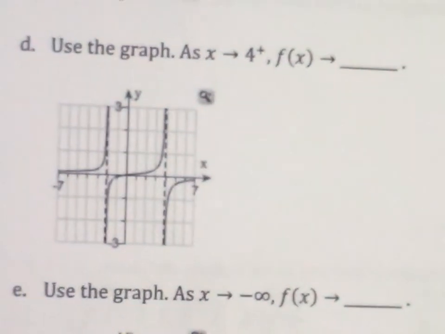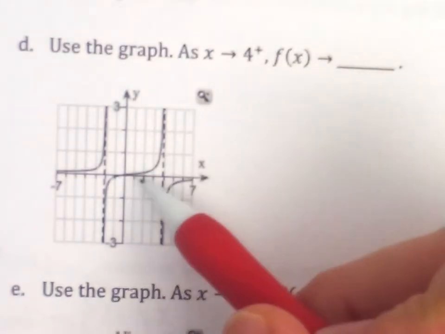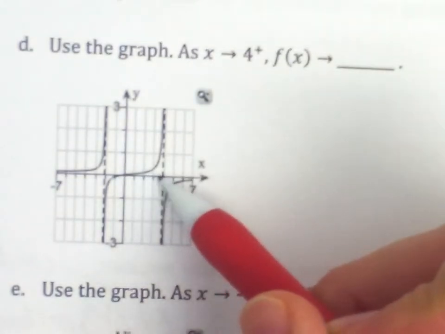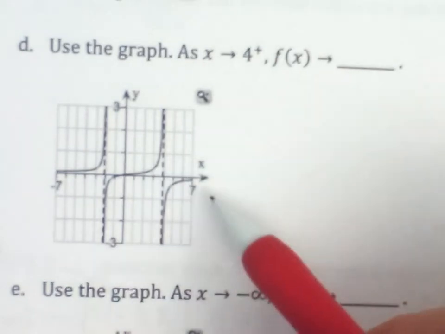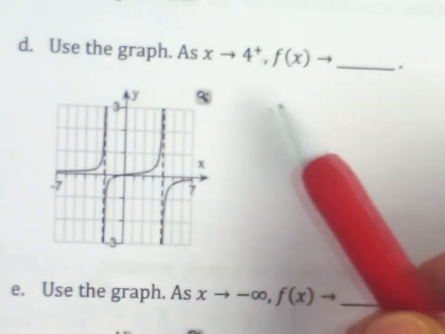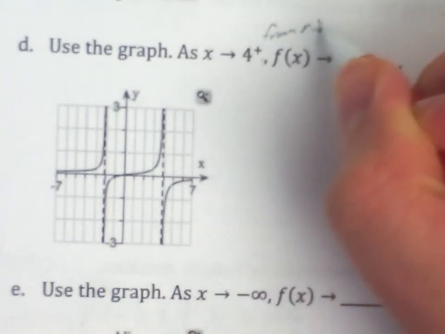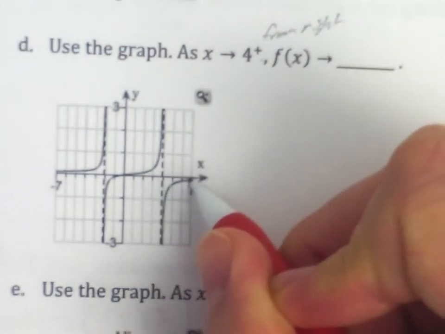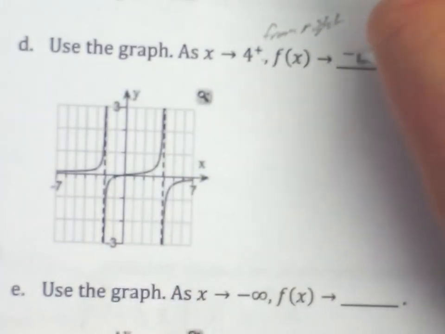Example D, and more of the same, going to 4, 1, 2, 3, 4, so not surprisingly it's at the asymptote, but again we're coming from the plus side, which again means from the right, just in case you missed it on the other screen. So we're coming this way, and as we go here, again, we're heading towards negative infinity.